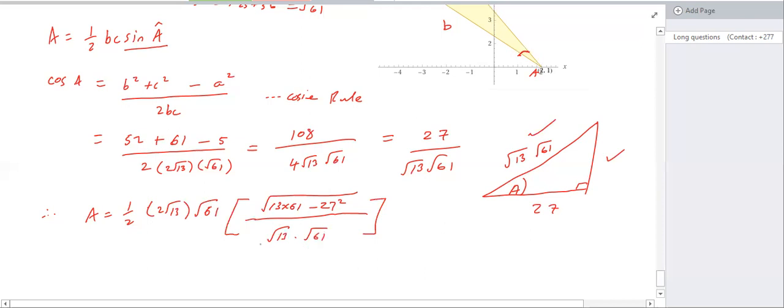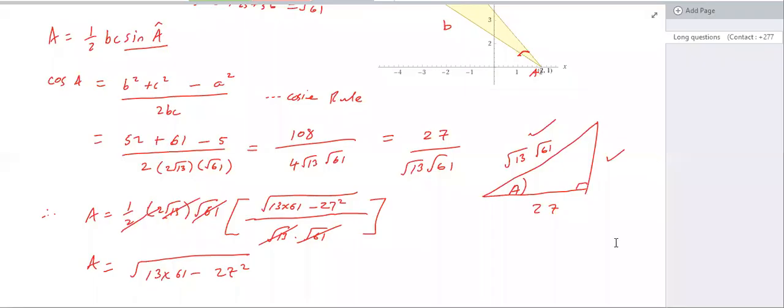Now you can see that root 13 and root 13 cancel out, root 61 and root 61 cancel out, the 2 and the 2 cancel out. So the area is equal to the square root of 13 times 61 minus 27 squared. So 13 times 61 is equal to, let's work it out on the side.